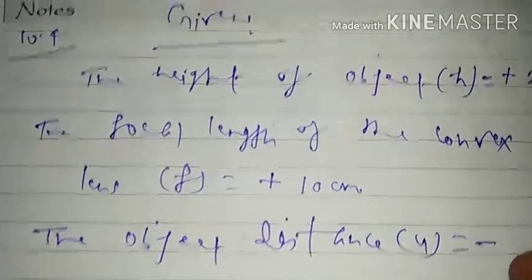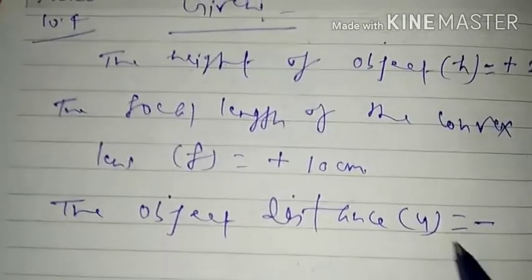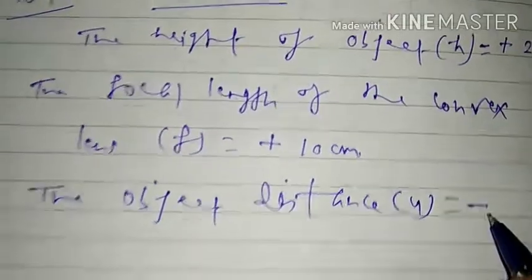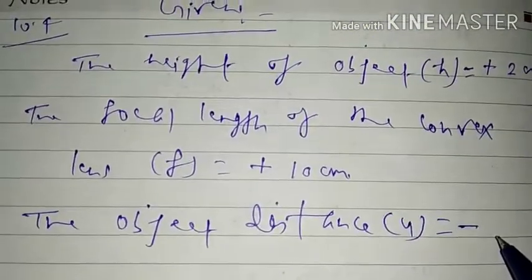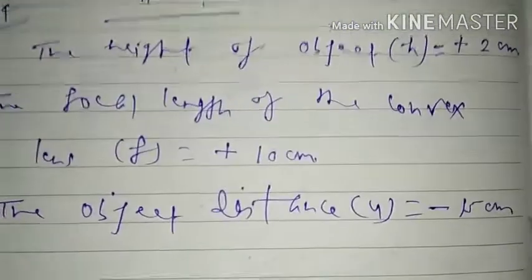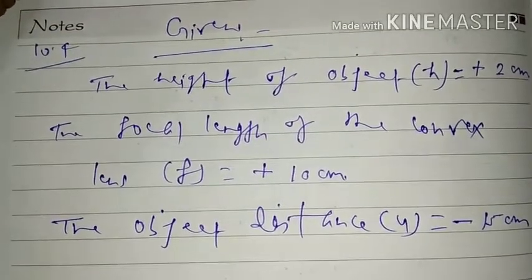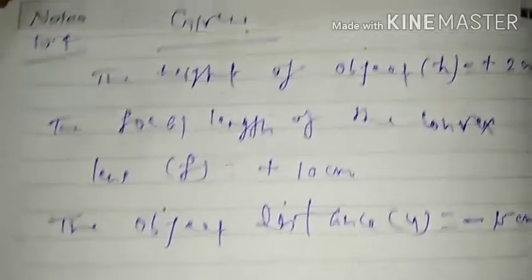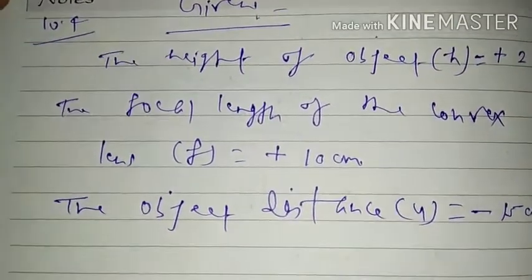For all numericals of your light chapter, whether it is mirror or lens, u will always be negative. So we shall write here u is equal to minus 15 centimeter. Object is taken at a distance 15 centimeter. Now find the nature, position and size of the image, also find magnification.